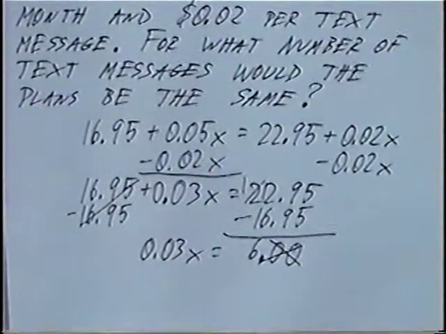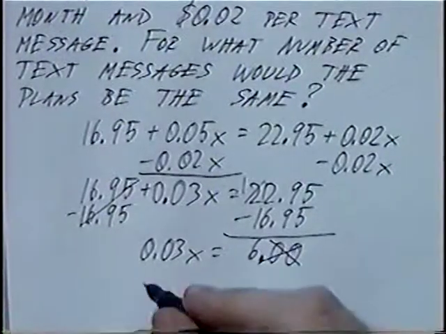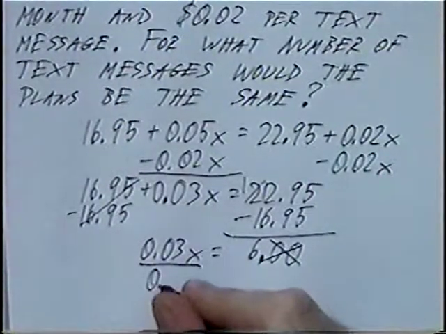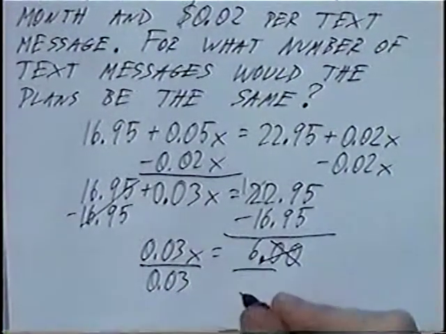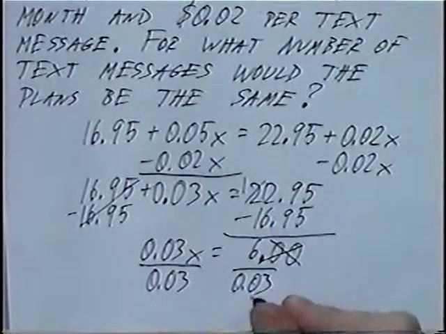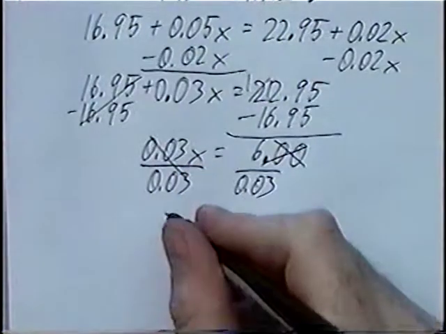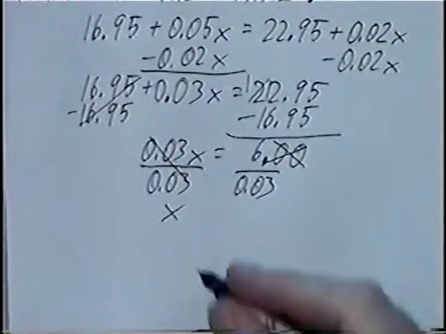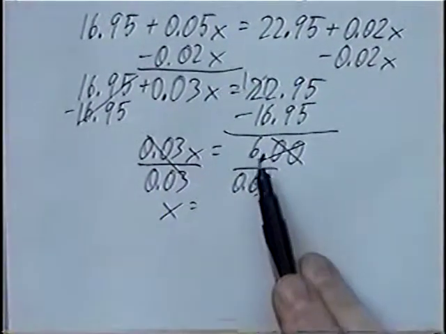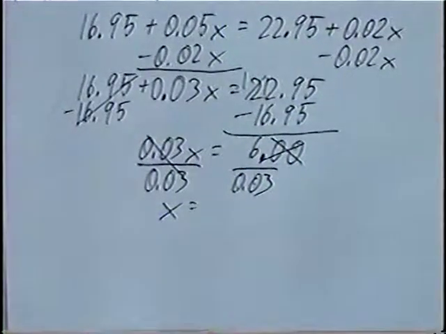Last step, we have 0.03x. To get rid of the decimal in front of x, we can divide by that same decimal. And our final answer, x equals, we can do long division for 6 divided by 0.03.